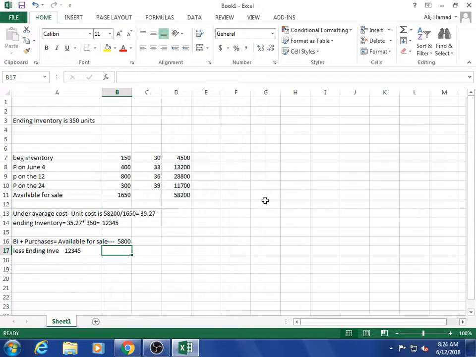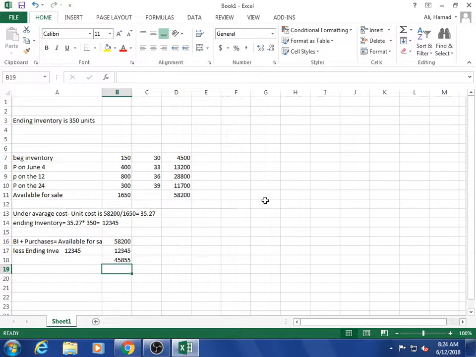So 58,200 minus 12,345 gives us 45,855. So that is our cost of goods sold.